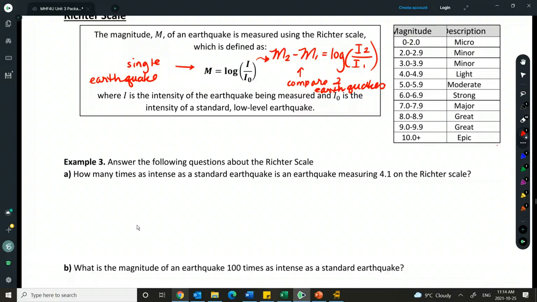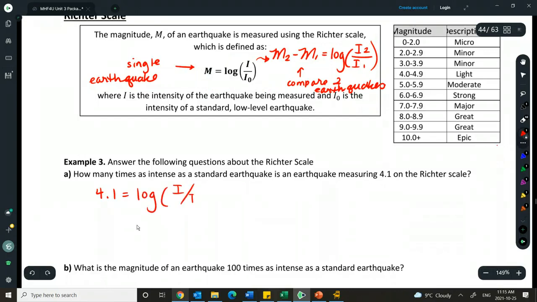So when I'm just comparing to a standard low level earthquake, I just use the single earthquake formula, and I'm going to plug in 4.1 for the magnitude. Then my job really is just to isolate for this entire I over I naught. I just want to know how many more times intense is one than the other, so I don't need to isolate for either of those intensities. I just want to know the ratio of the intensities.